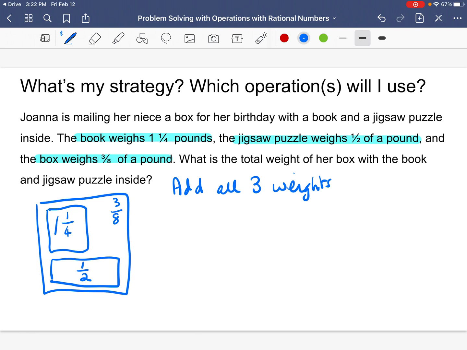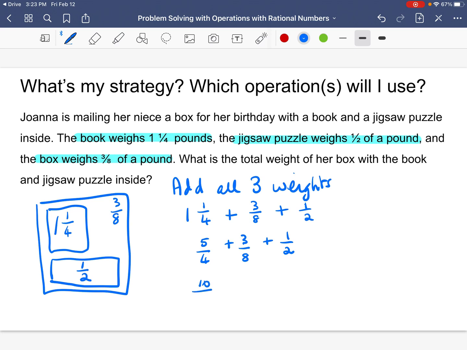So I'm going to add 1 1/4 plus 3/8 plus 1/2. And my 1 1/4 is a mixed number, so I'm going to make that an improper fraction, 5/4, and 3/8 and 1/2. And I need a common denominator, which will be eighths here.